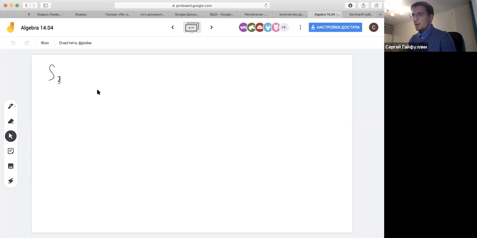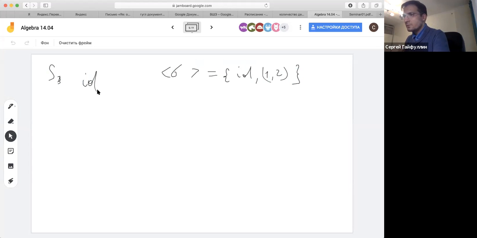So the first element is identity. I will say that sigma in angles equals identity and 1, 2.